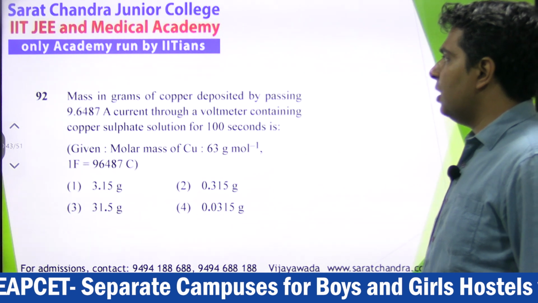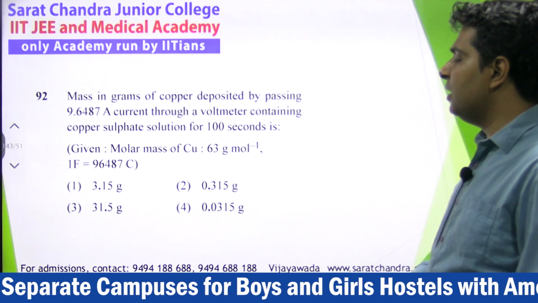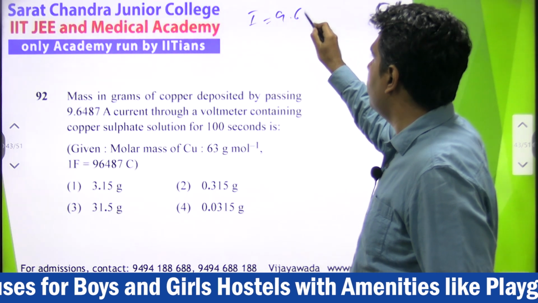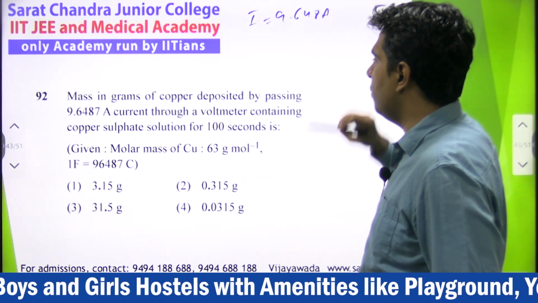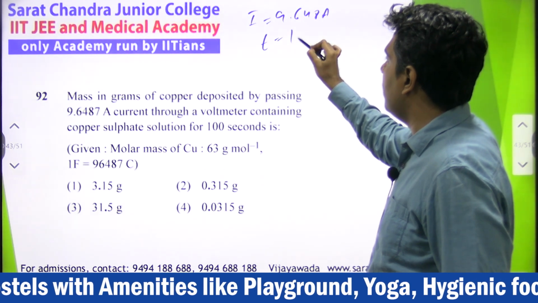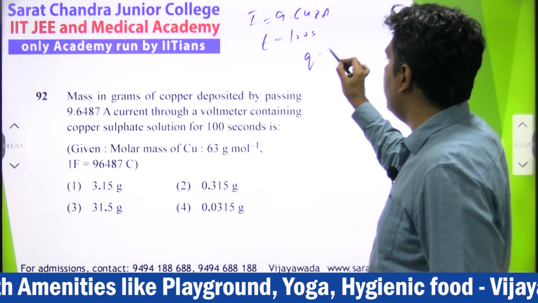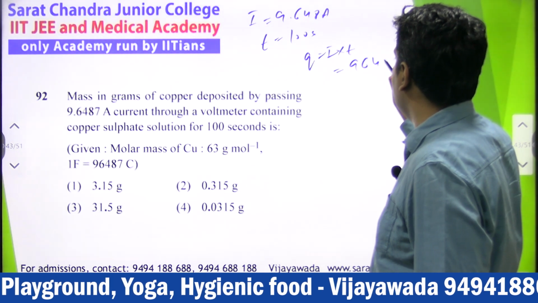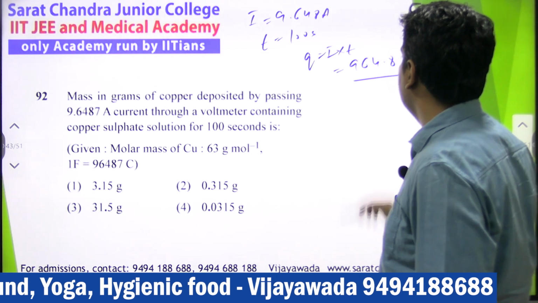Next question, mass in grams of copper deposited by passing current. So current is how much? 9.6487 ampere through a voltameter containing copper sulfate solution for time 100 seconds. So charge will be current into time. 964.87 coulomb will be the charge.